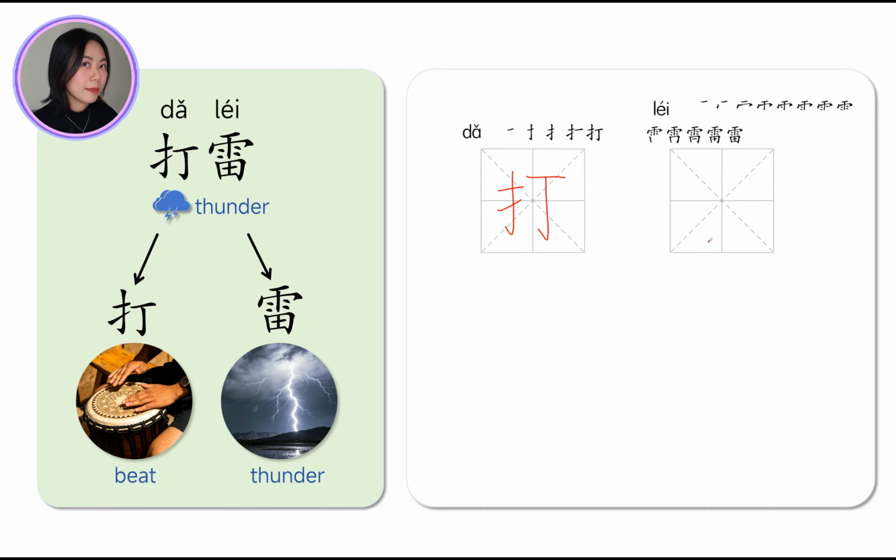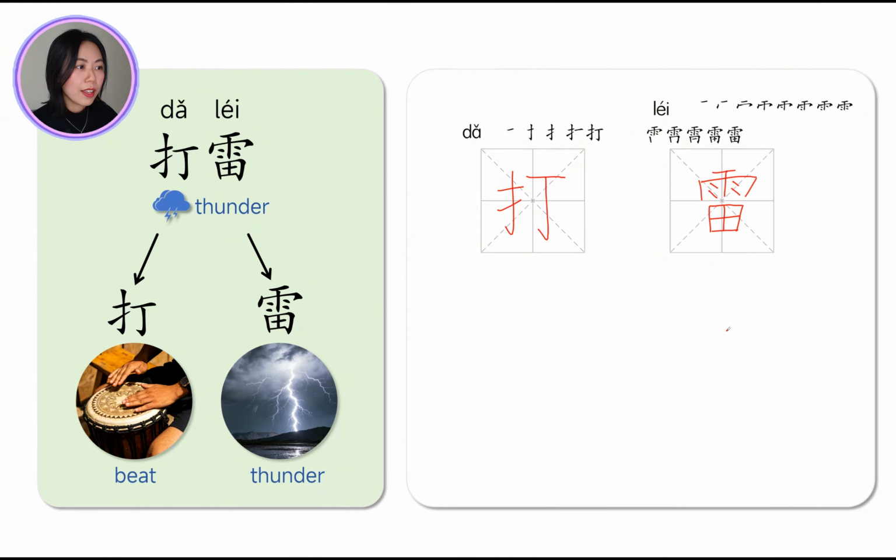There are quite many strokes. On top, we need to write the rain. 1, 2, 3, 4, 5, 6, 7, 8, 9, 10, 11, 12, 13.